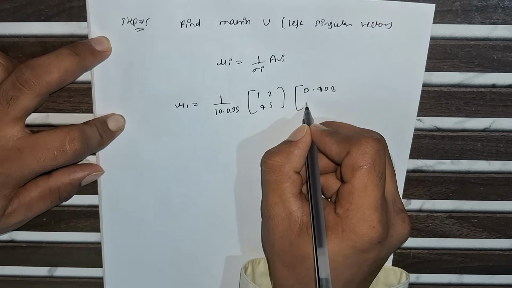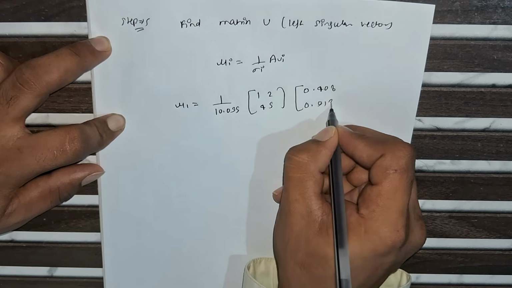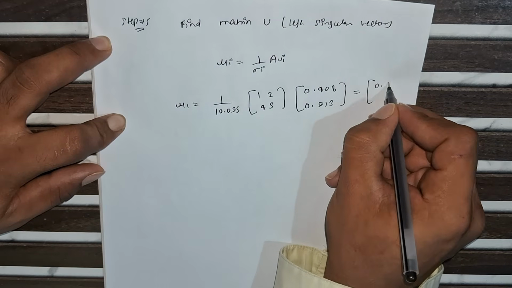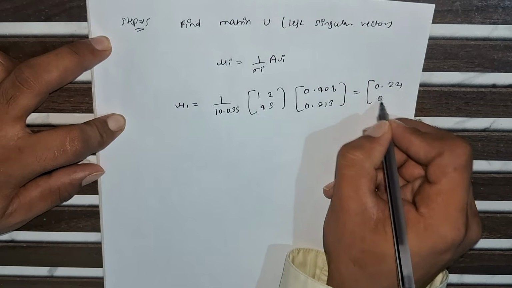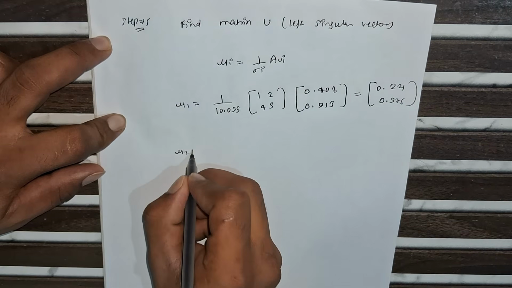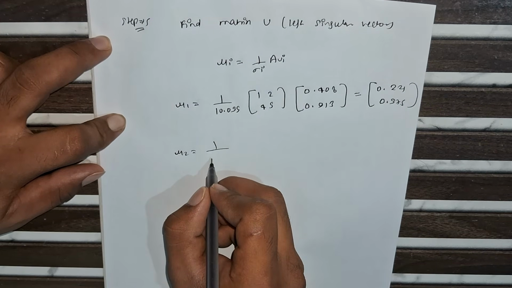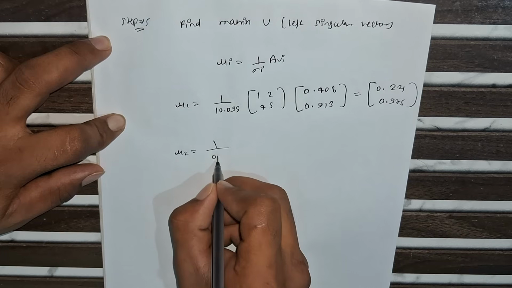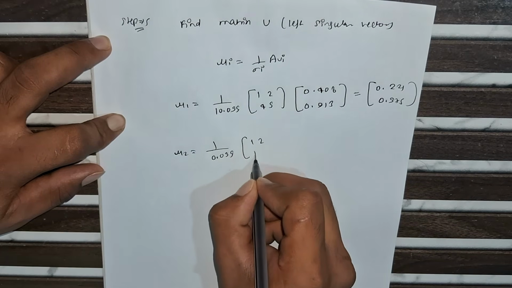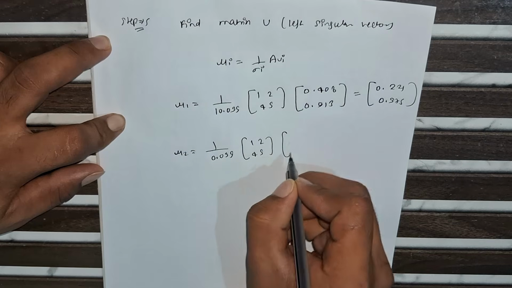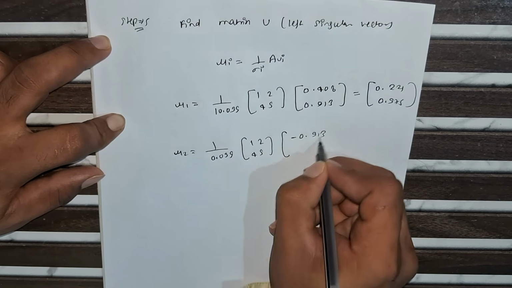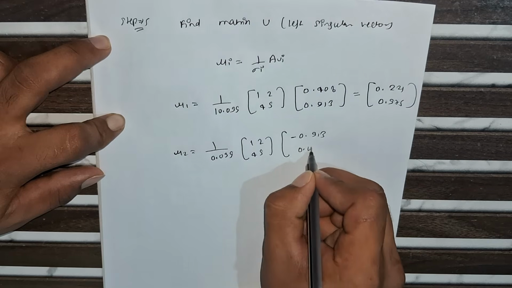0.408, and this is 0.913. So when you calculate it, it becomes 0.221, and this is 0.975. Like that we will calculate for u2, which is 1 upon sigma 2 value, which is 0.099, A value is 1249, v2 value is minus 0.913 and 0.408.